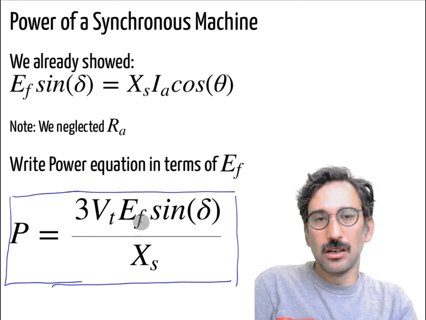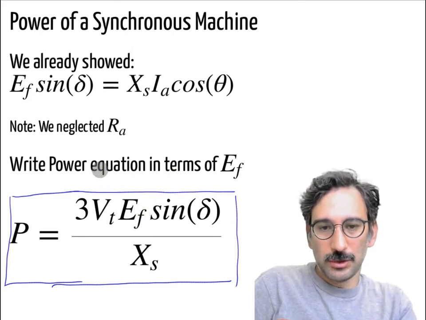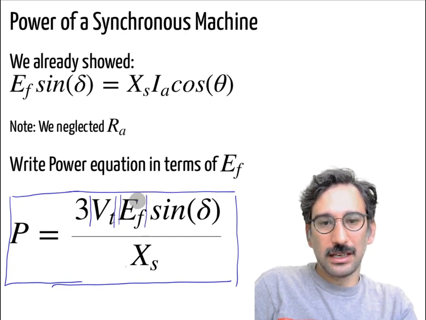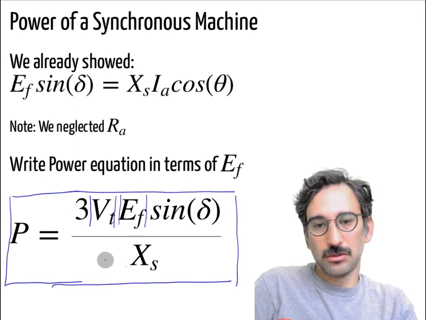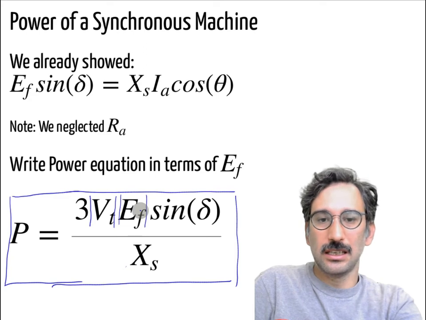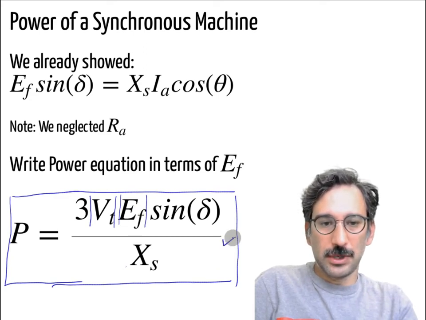This is all magnitude wise, which is why we don't have j here or vectors. These are the RMS magnitudes of the terminal voltage and the EF voltage. So that is the power.